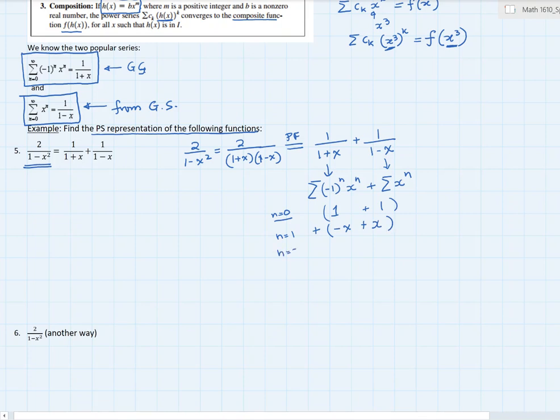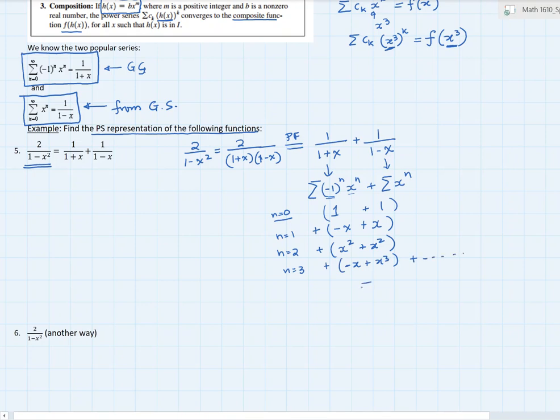Then n is 2. So when n is 2, -1 squared x squared, so that is x squared, and then x squared. When n is 3, I get plus -x cubed plus x cubed, and so on.